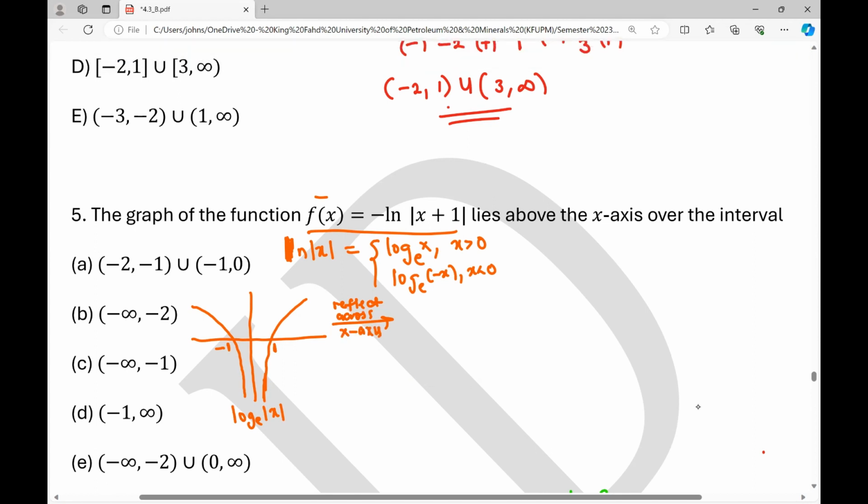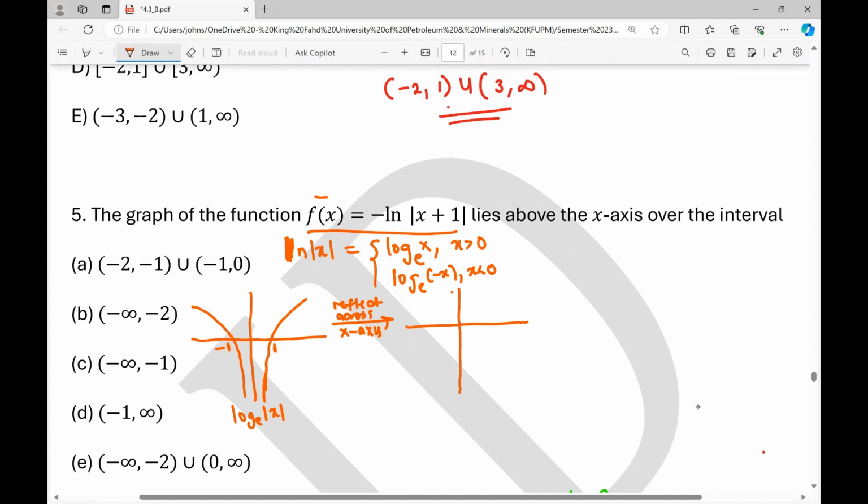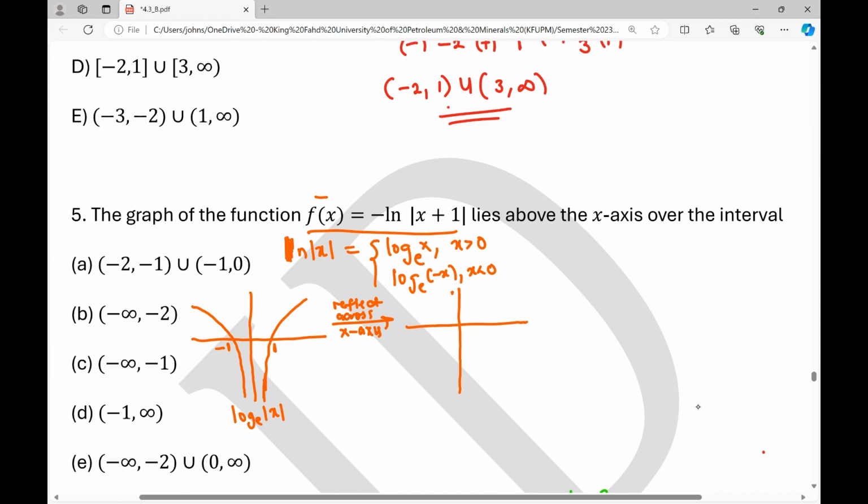And now why we're reflecting across the x-axis is because of this minus here. So if we reflect this across the x-axis, you will just have something like this, and also something like this one.